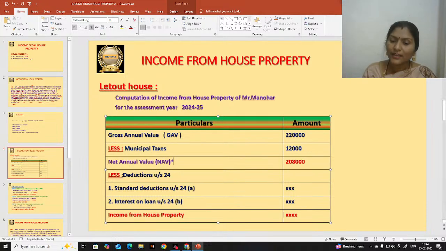Whatever NAV we get here, on that we should calculate 30%. Then we get the standard deduction. So let us calculate it. 30% on NAV. What is our NAV here? 2,08,000. 2,08,000 into 30 by 100. So how much will we get?